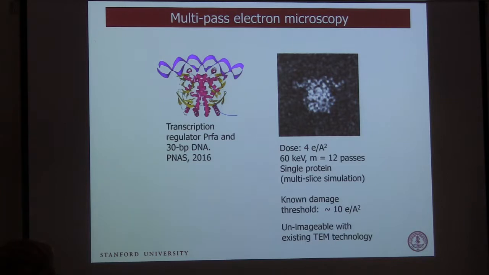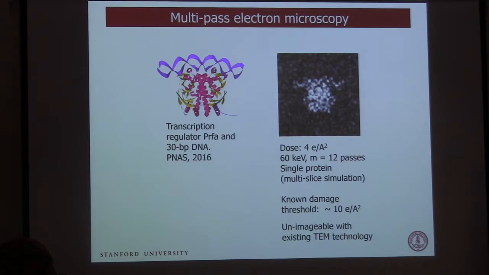The dose, the number of electrons per square angstrom incident on this imaging area, is measured in units of 4 electrons per angstrom squared. To calibrate that number, it's known in the community that when the number of electrons per square angstrom exceeds about 10, as an empirical fact you can't image. You can't image a strand of DNA. It just kind of melts in front of you.